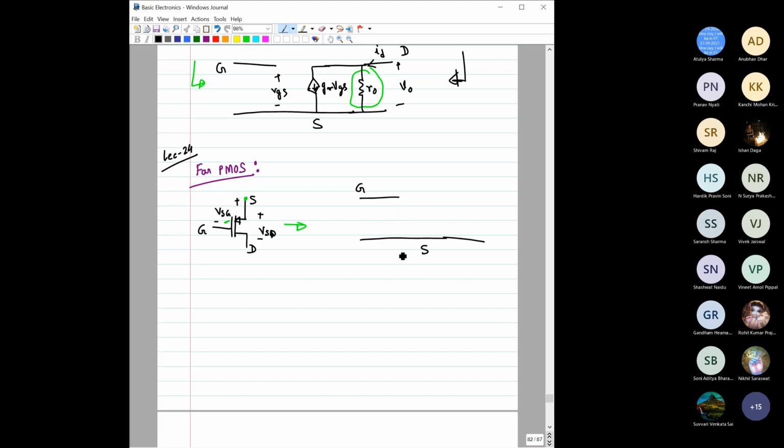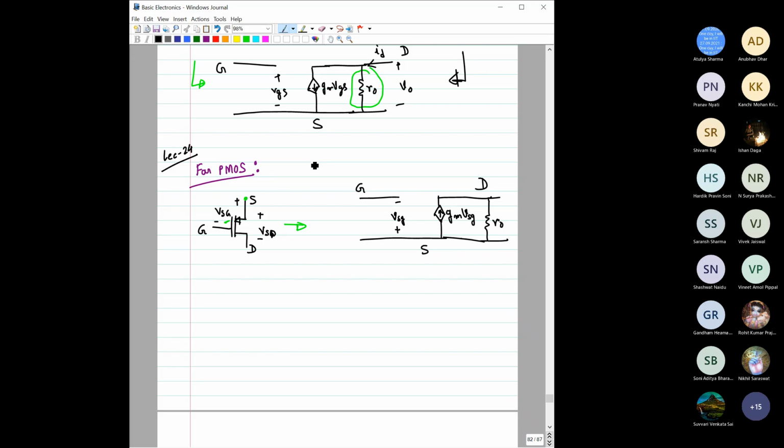We know that the source is at the higher potential, so it would be VSG. Then the direction of the dependent current source will also change. It would be gm VSG, and here we will have this r0. So this is the small signal equivalent circuit of the P-channel MOSFET.